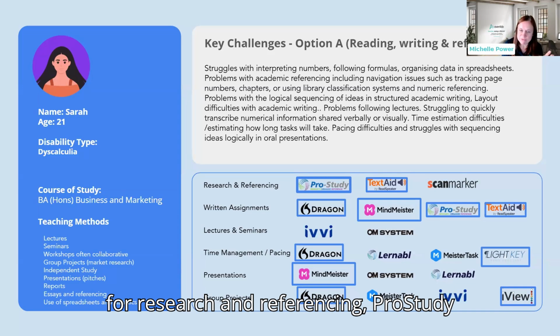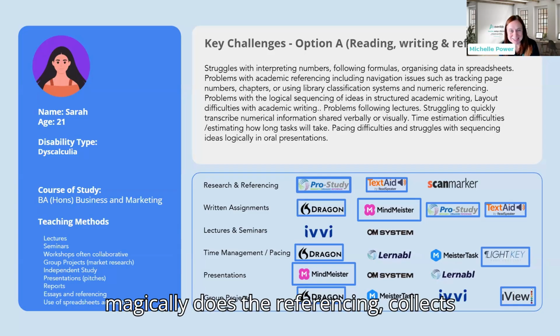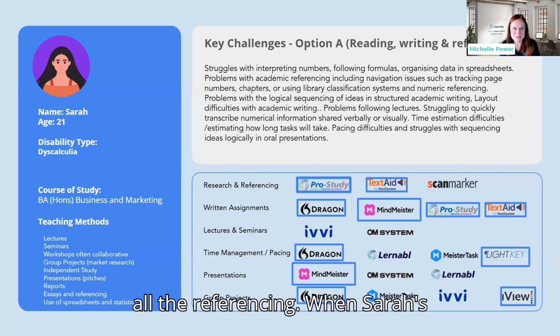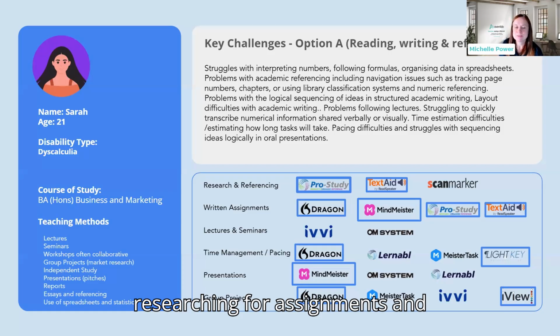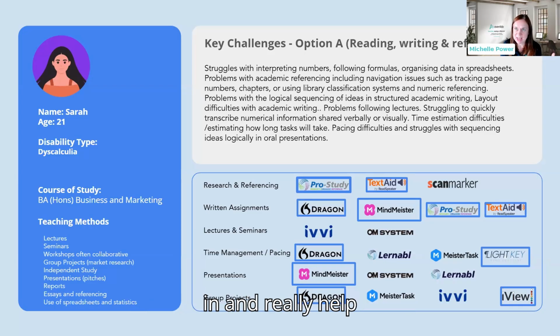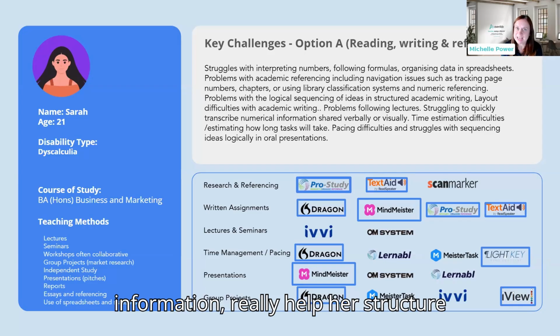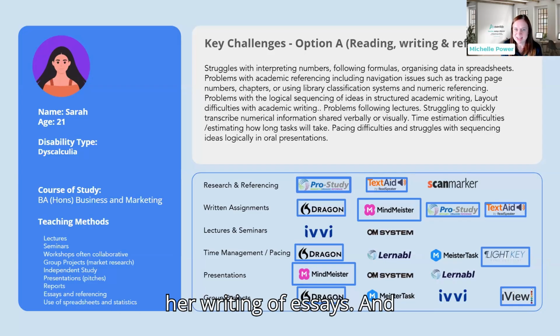For research and referencing, ProStudy stood out straight away because it magically does the referencing, collects all the referencing when Sarah's researching for assignments and projects. It's going to collect it all together and organize it all. It's also going to put the referencing in and really help her structure her writing of essays.